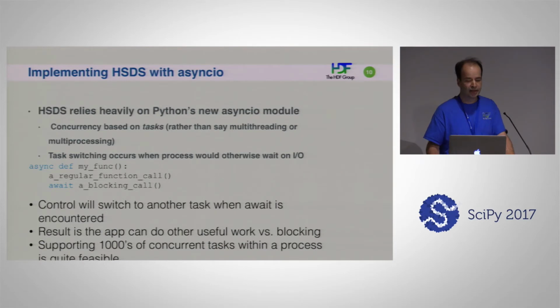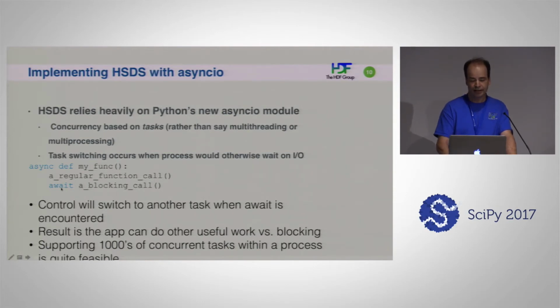So I mentioned async I/O. Async I/O is great for any kind of I/O-bound service. Rather than using a bunch of threads or processes, with async I/O you can have one process and use what's called task-level parallelism. I can do a regular function call, and let's say I want to do a call that's going to block on I/O.